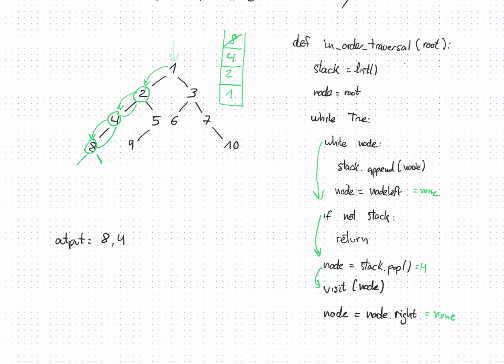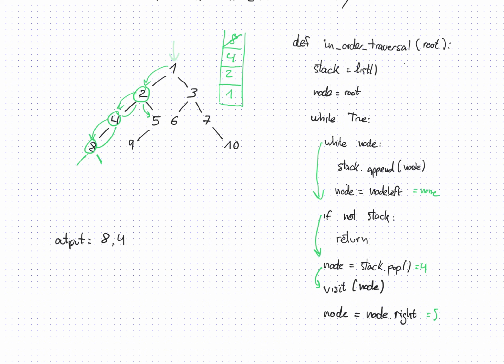But then the interesting thing is that when we get here, actually we do have a right number. So this is going to be the node 5. So now we go to node 5, but we are not going to visit it because note that here we are appending it to the stack.